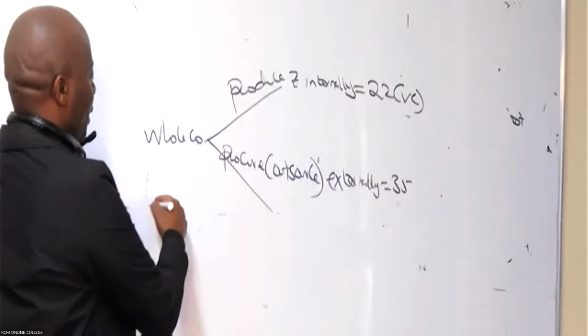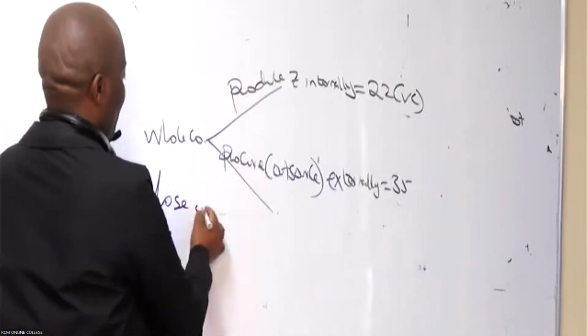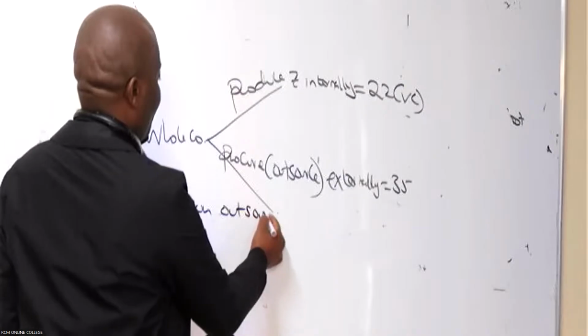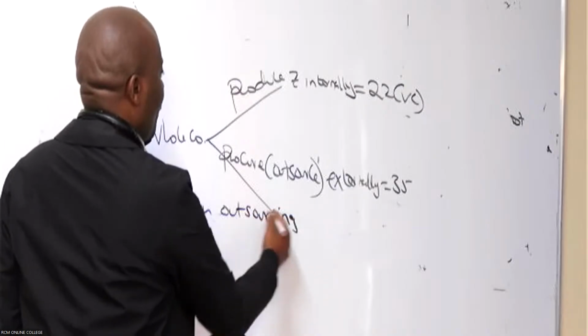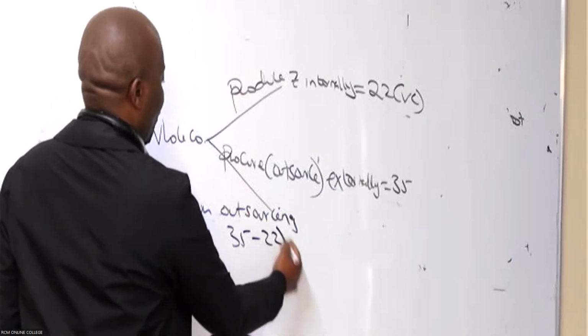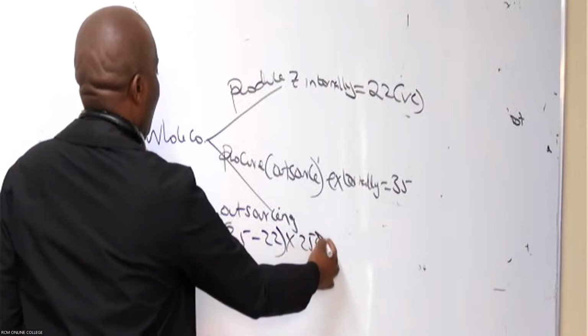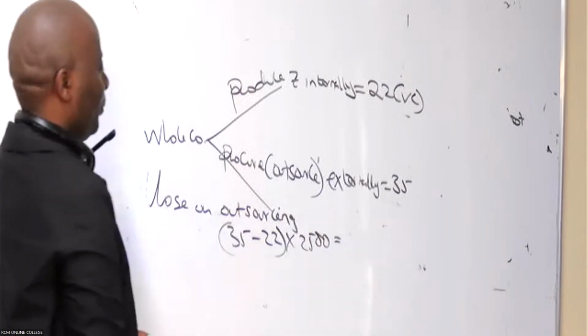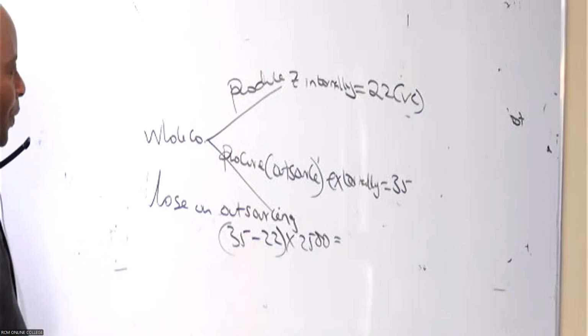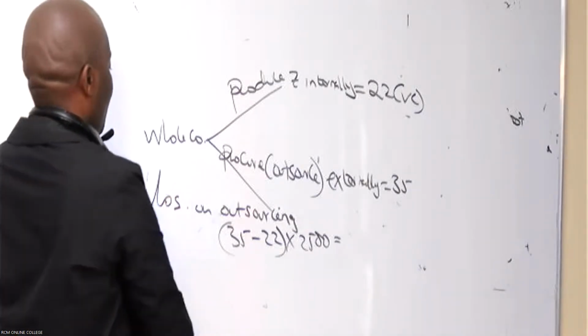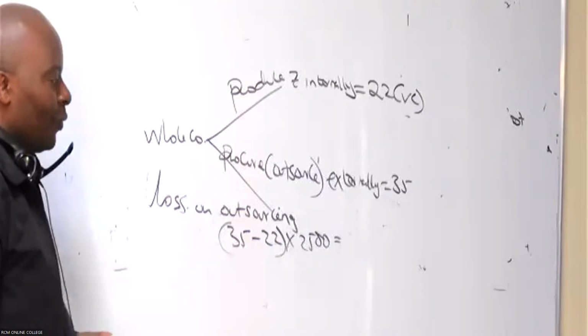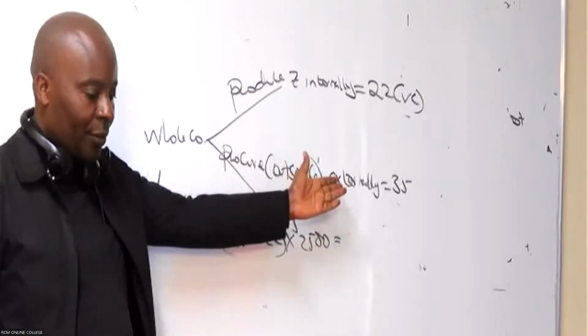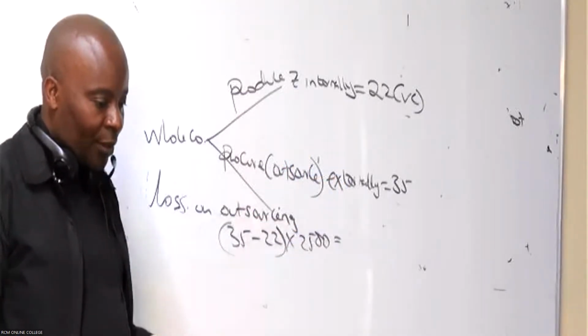So the loss on outsourcing is very visible. It will be 35 minus 22 times 2,500, because it's a higher cost.